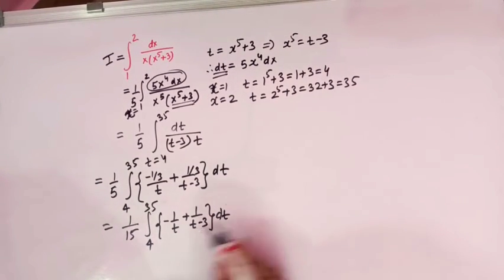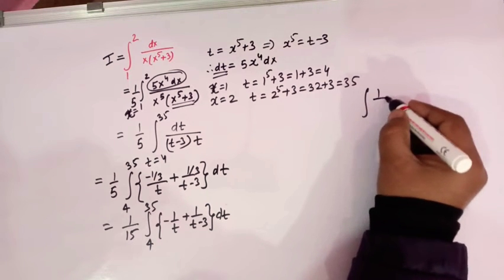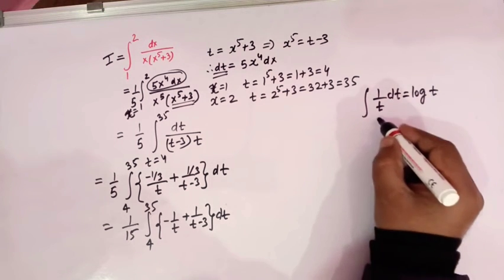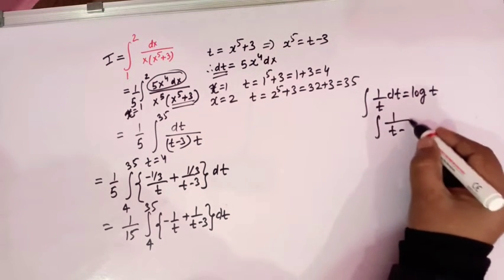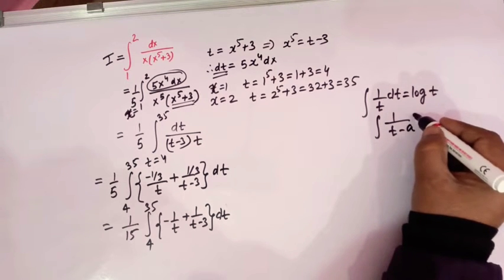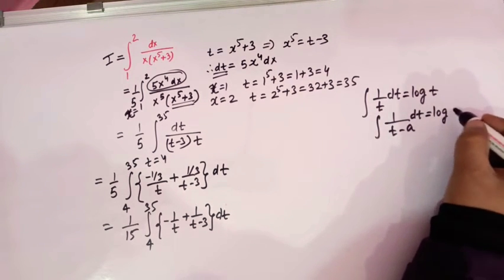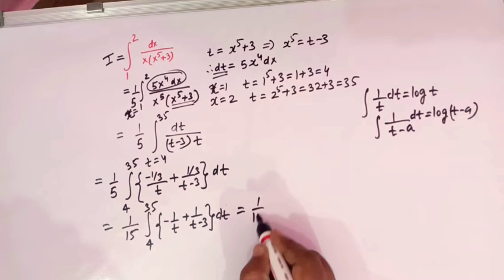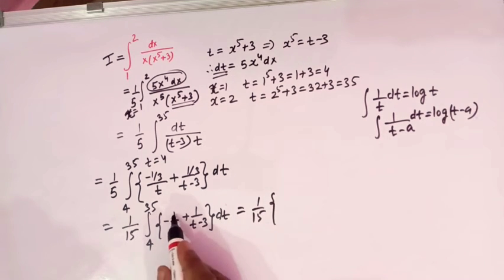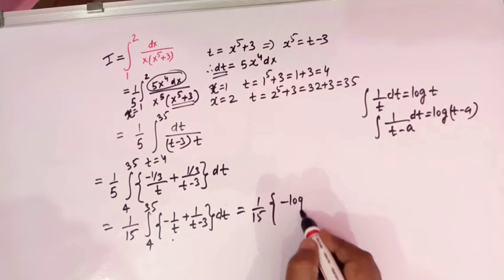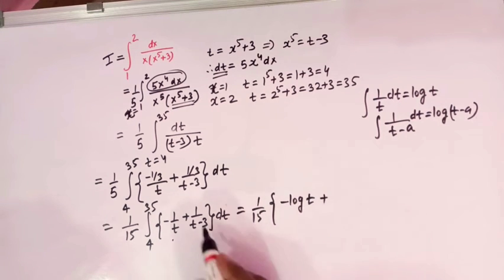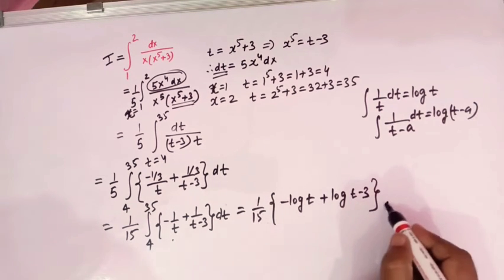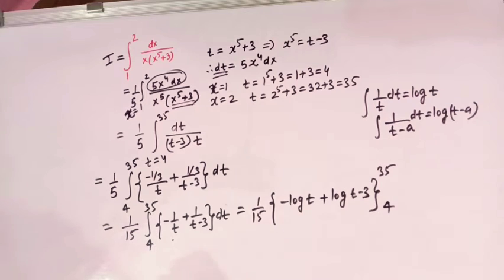Now viewers, we know that the integral of 1 over t dt is log of t, and the integral of 1 over (t minus a) dt is log of (t minus a). So here we have 1 over 15, and the integral of 1 over t gives minus log t, and plus log of (t minus 3), with limits from 4 to 35.